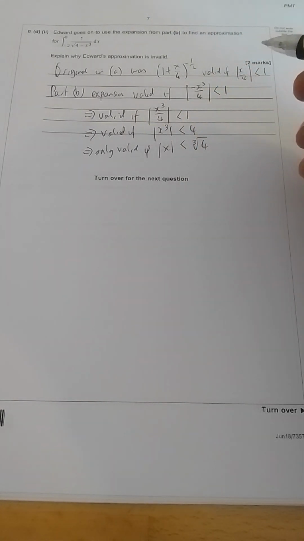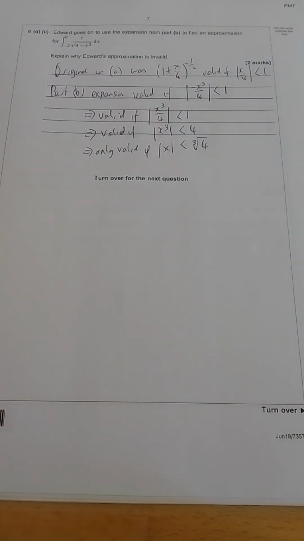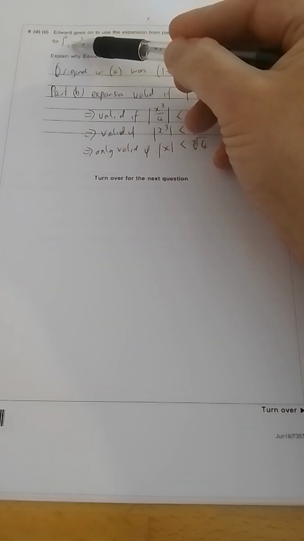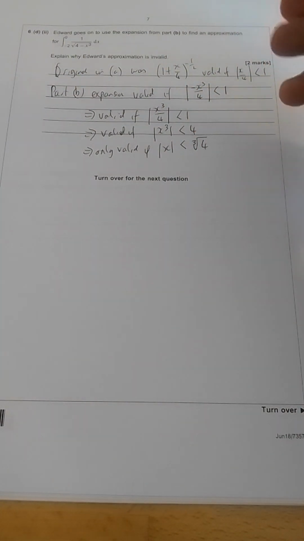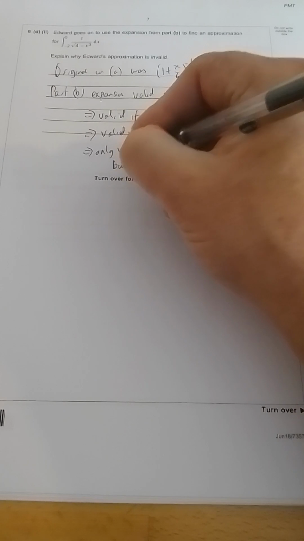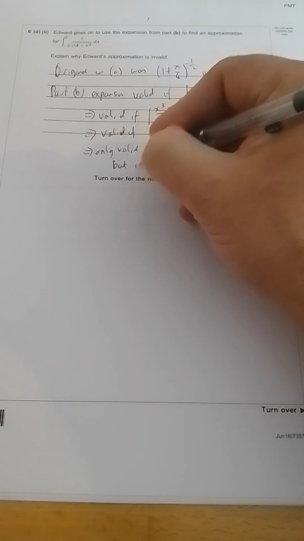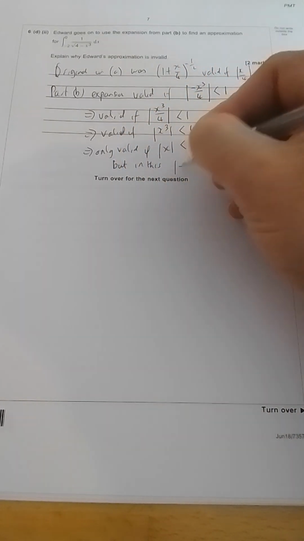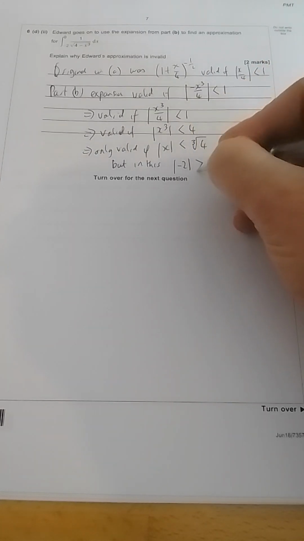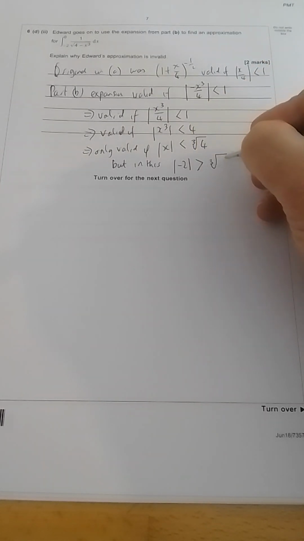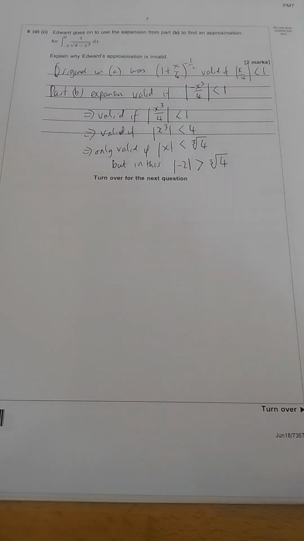But for this integral, x could be minus 2. So the modulus of x could be 2. But in this, modulus of minus 2 is greater than the cube root of 4. So not valid. So that's the reason for part D2.